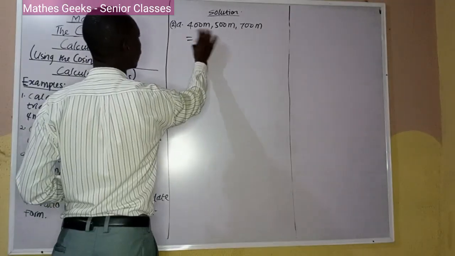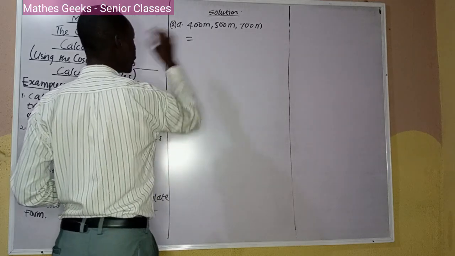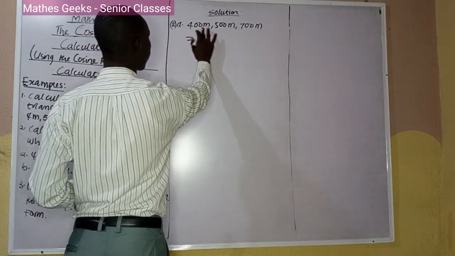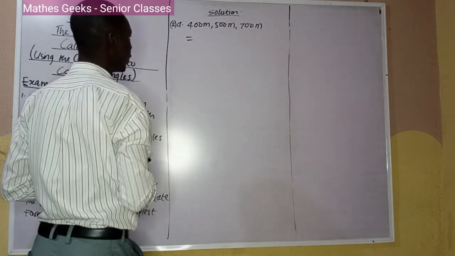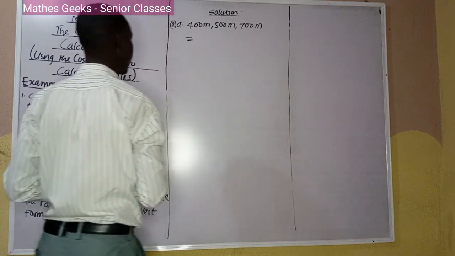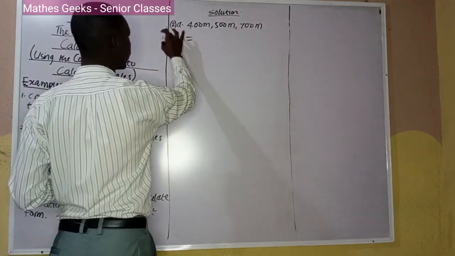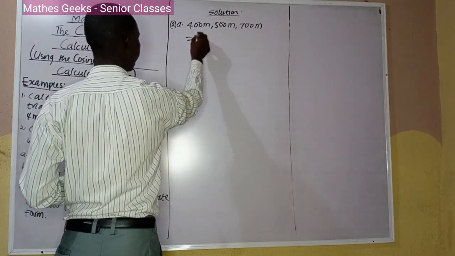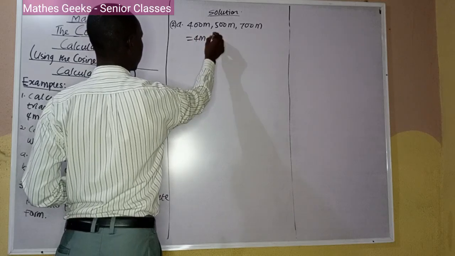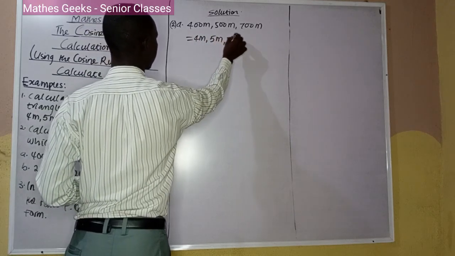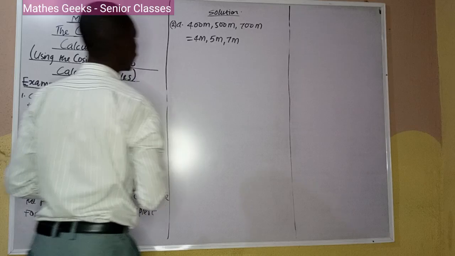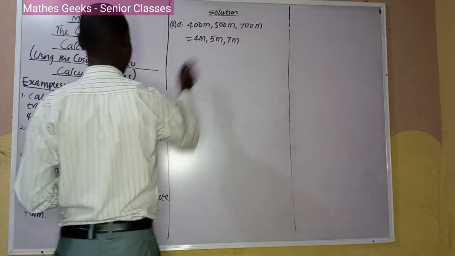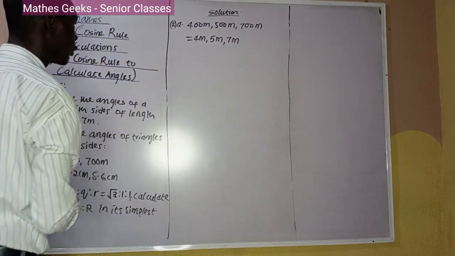We can get the dimensions in the simplest form by dividing through by 100 meters, which gives 4 meters, 5 meters, 7 meters. Of course, this was exactly the example that we just finished treating.